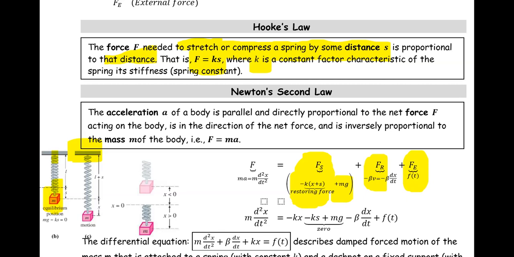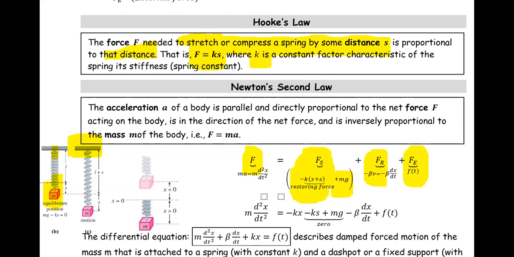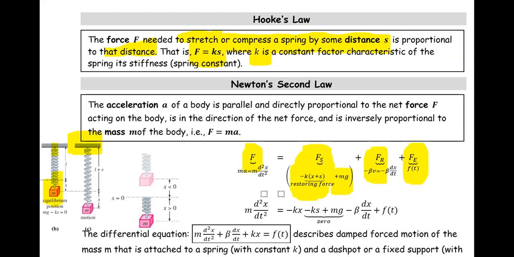So the sum of these three pieces of force equals the force based on Newton's law. The frictional force here is proportional to the velocity of the spring, because it's about the spring and the fixed supporter.